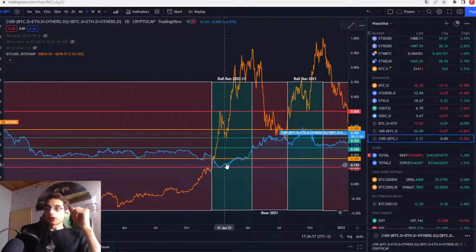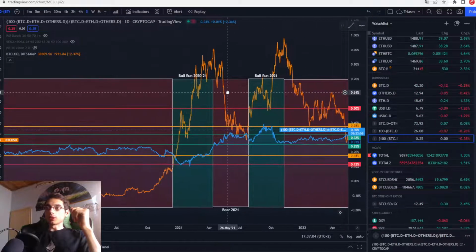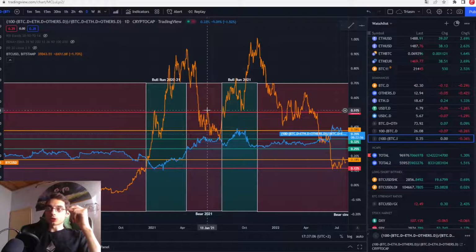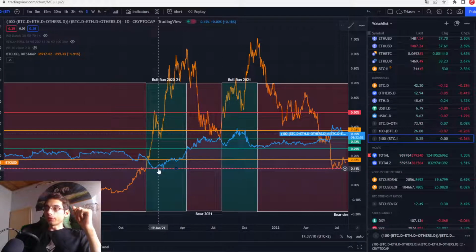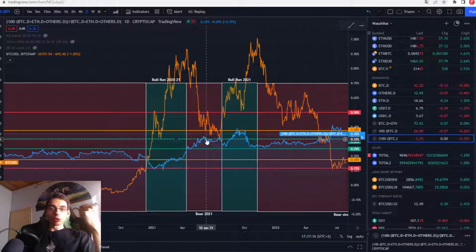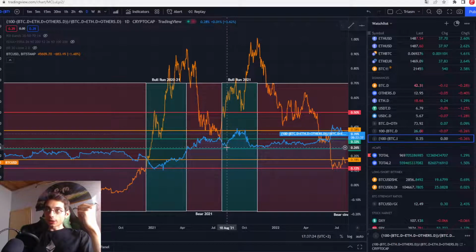Meanwhile, this recovered a little bit and got up to a point where in the bearish market of 2021 that lasted 3 months, we almost tripled the strength of the stablecoins in the market, waiting for an entry to the market, and as soon as this metric started going down again, we got a huge momentum to the upside.